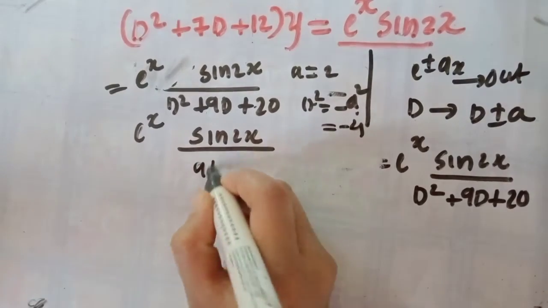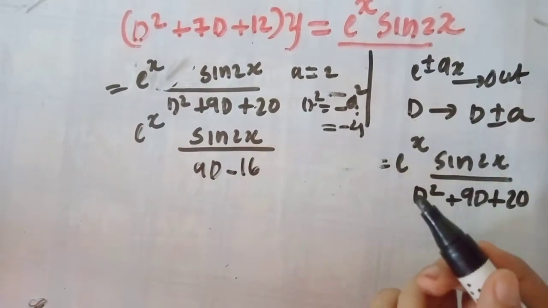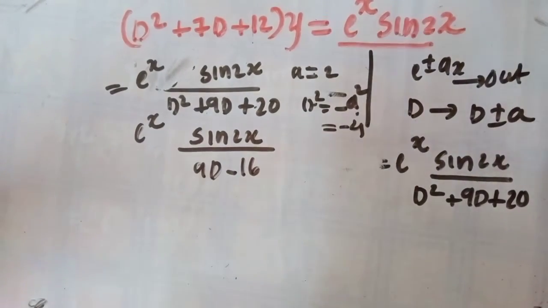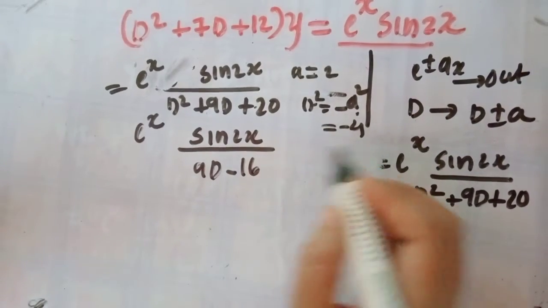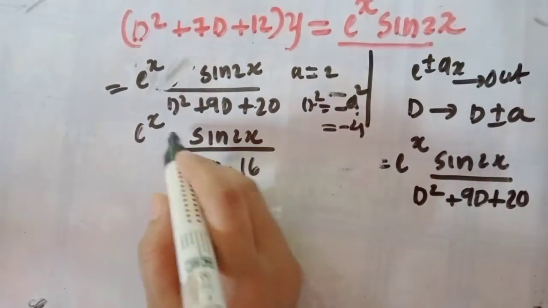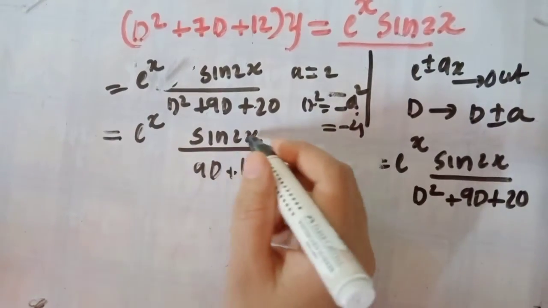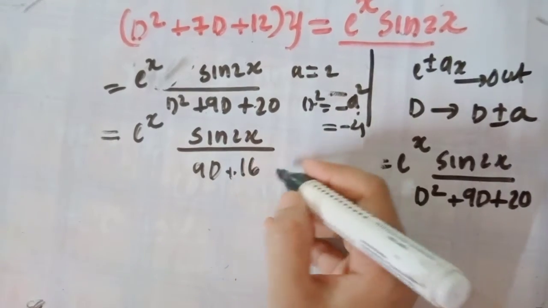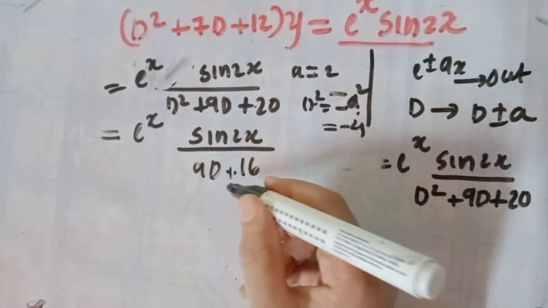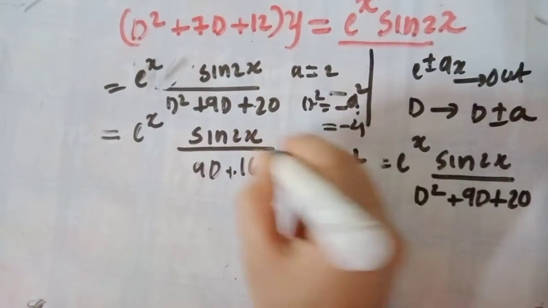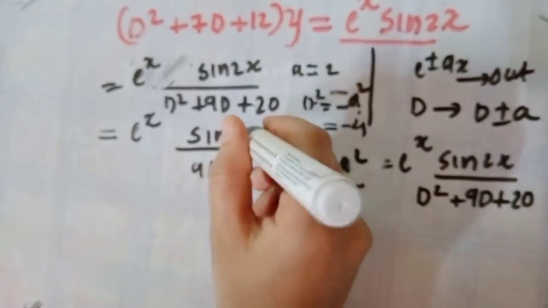This gives 9D plus 16 in the denominator. We know that only a sine term is in the numerator, so we have to introduce a D square term here, because replacing D square with minus a square is the method for a sine or cosine function in the numerator.